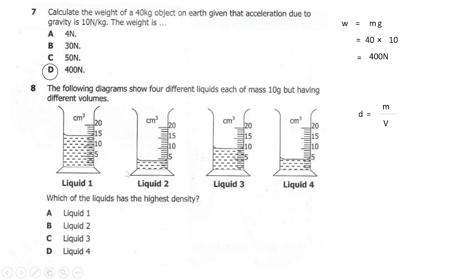When we check all these liquids, 1, 2, 3, 4, the one with the smallest volume, because the mass here will be the same, we'll be putting 10 over volume, will give us a large value for density. So in that case, it will be liquid number 2 with the volume of 4 cubic centimeters. So when they say which of the liquids has the highest density, it is liquid 2.